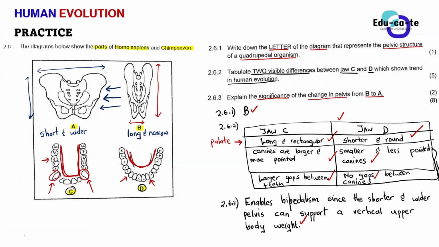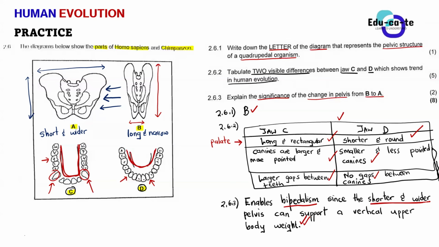You can just write it in your own terms, guys. You don't have to write exactly the way I've written, but as long as you retain the context, you still explain to show that you understand what it is. Bipedalism is brought by the shape of the pelvis, which is short and wider. So moving from a long and narrow to a short and wider pelvis, what is it actually going to do?